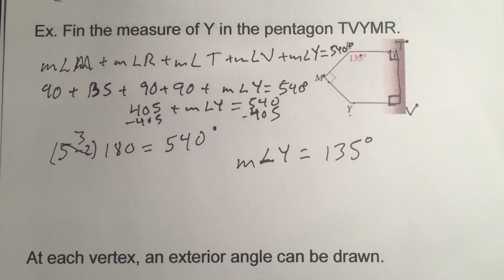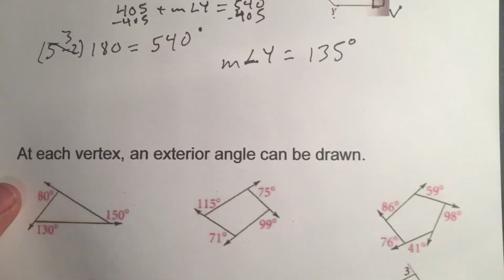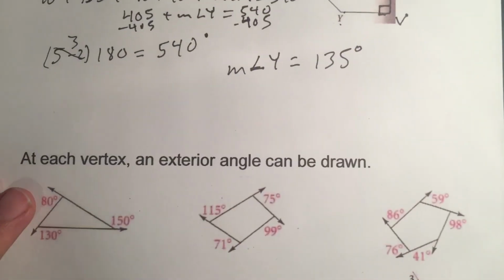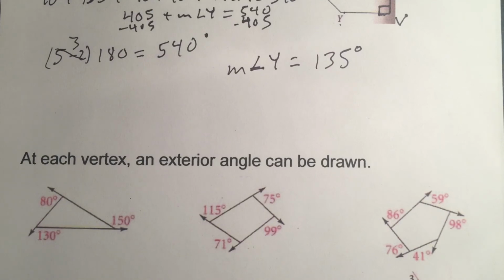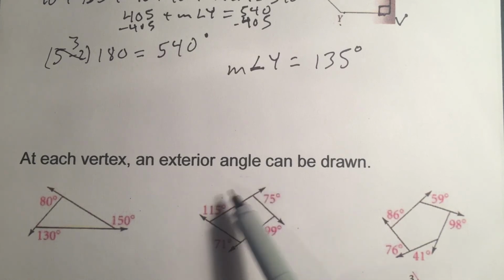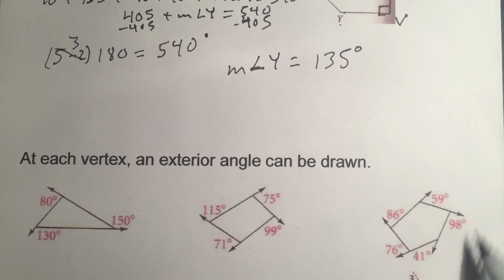Now, just like where we talked about it with triangles, at each vertex we can have an exterior angle be drawn. So if we extend these out, we would have these 3 exterior angles. If we have a quadrilateral and we extend these out, we'd have these 4. If we have a pentagon, we'd have these 5.